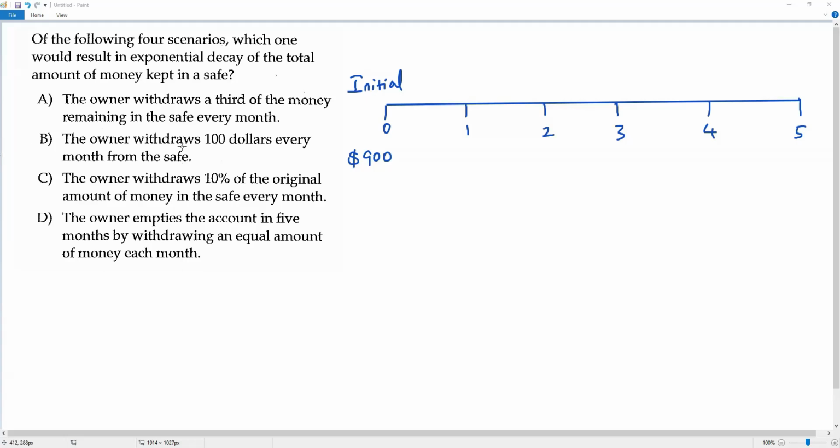He will withdraw $180 at the end of the first month, $180 at the end of the second month, the third month also 180, and so on.